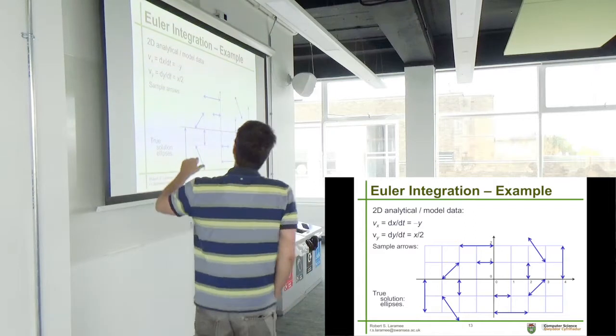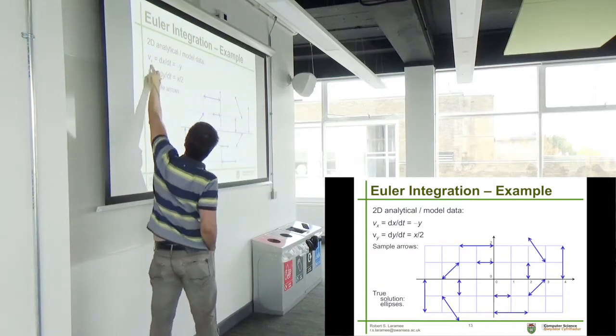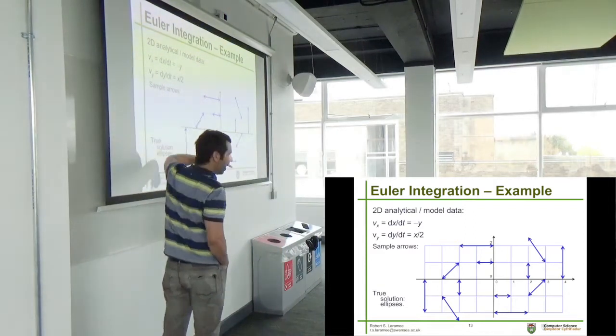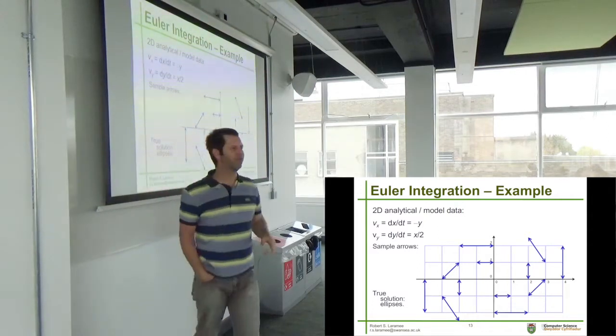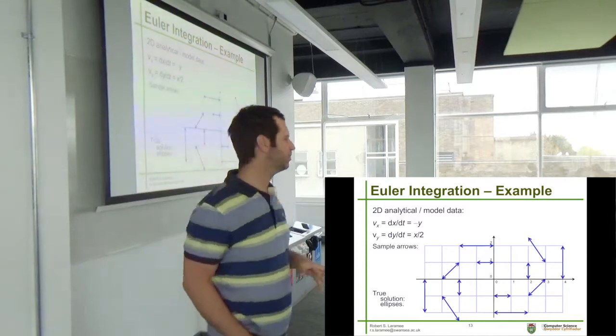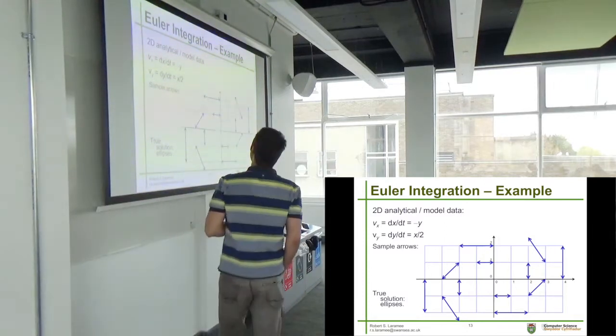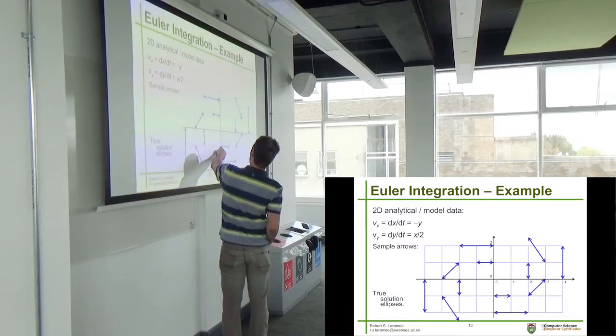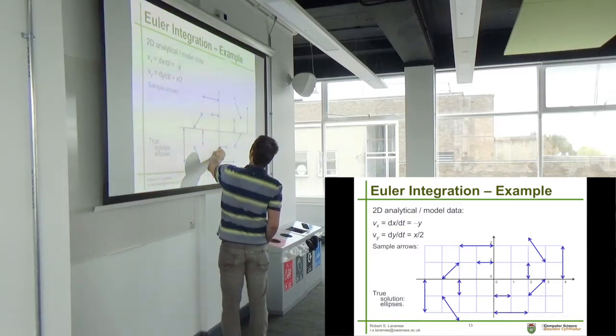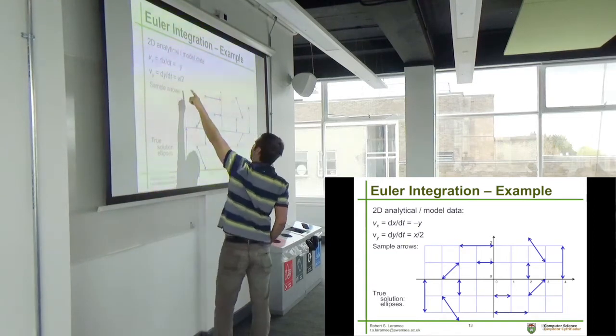And here it is. To get the x component of the velocity at any point, I just take the y coordinate and multiply it by -1. So for example, here, if I want the x component of the vector, I take the y coordinate.